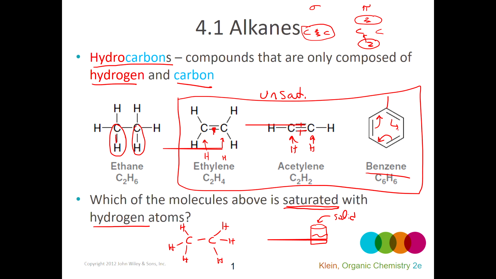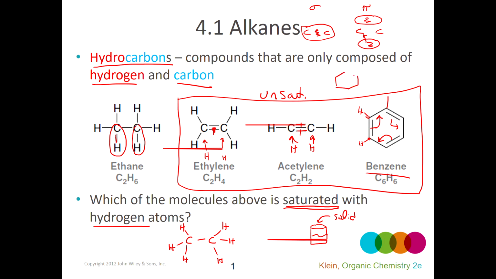Even the pi bonds in this ring make it unsaturated because every one of these could break and hydrogens could come in and replace that double bond with two new sigma bonds. And so that's a really nice example of how to go from an unsaturated compound to a saturated compound.